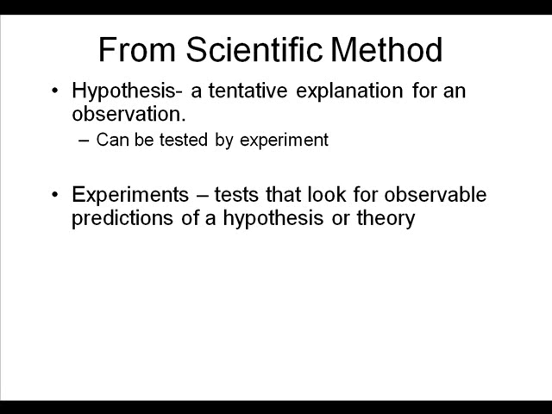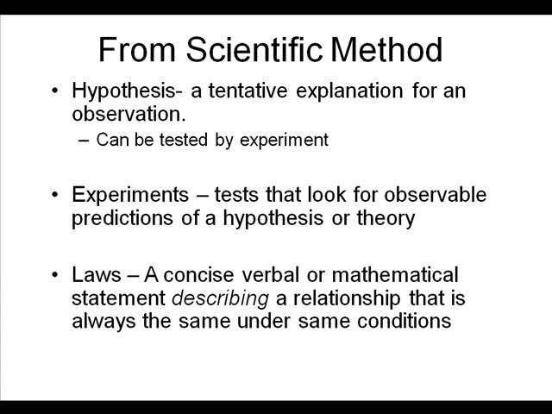The experiments look at the observable information, and the key word here is prediction. Experiments check predictions that are made by a hypothesis. It generates a testable set of possibilities that should happen if the hypothesis or theory is accurate.